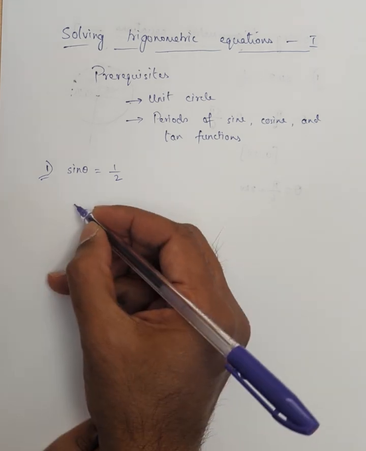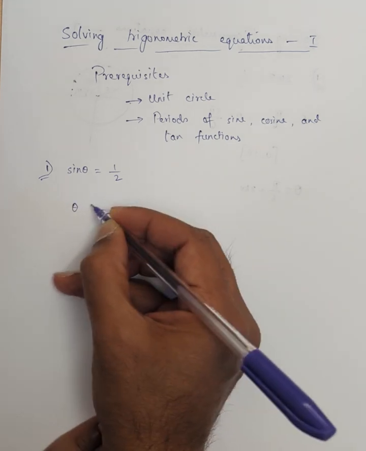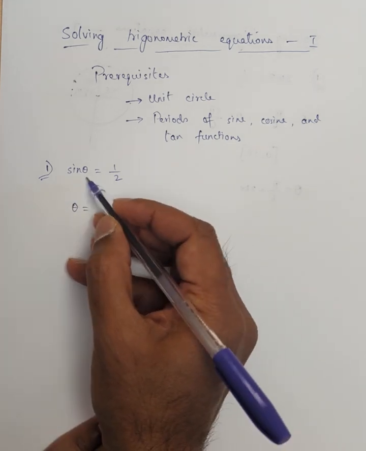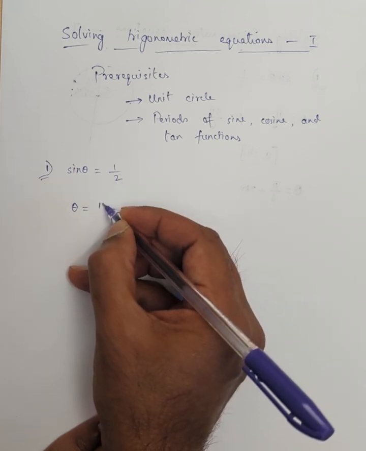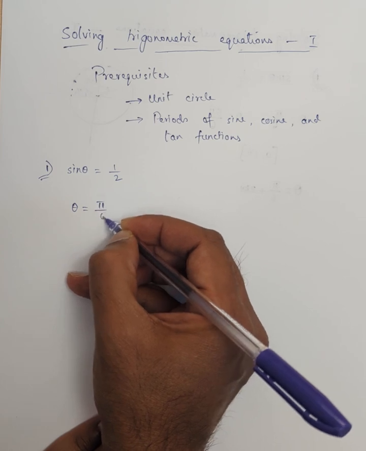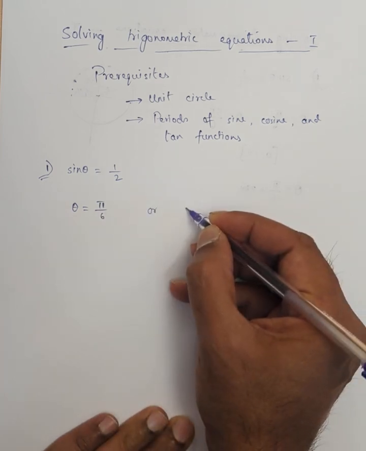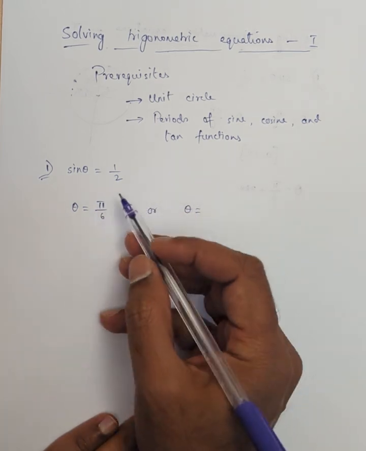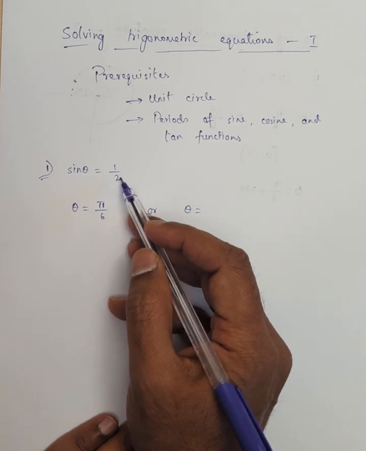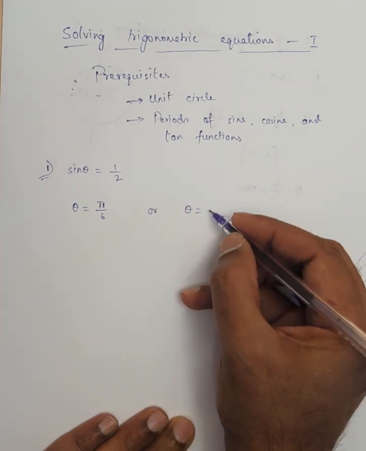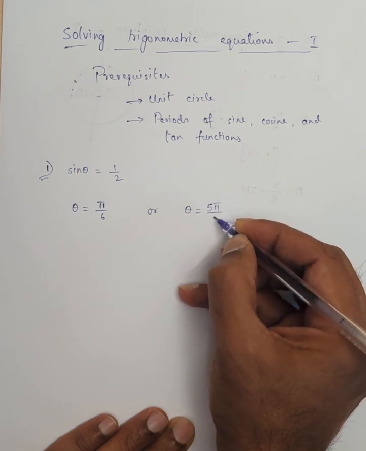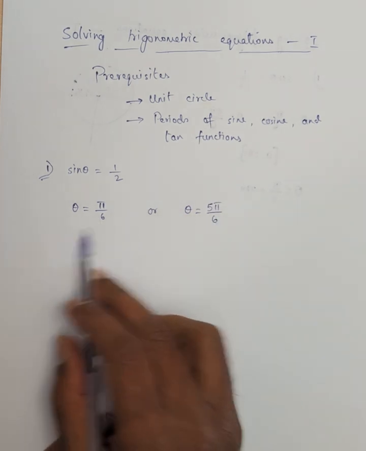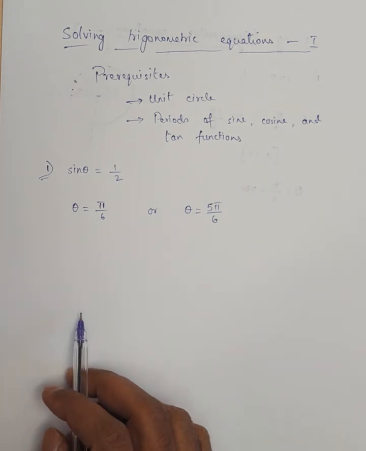So there are two values where you're going to see sine theta equal to half. In the first quadrant, it's going to be pi over 6, and again, y coordinate is positive half. In the second quadrant, theta equals 5 pi over 6. So these two angles we get from the unit circle.